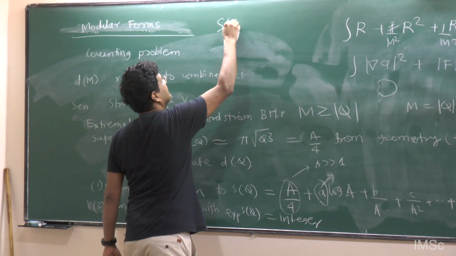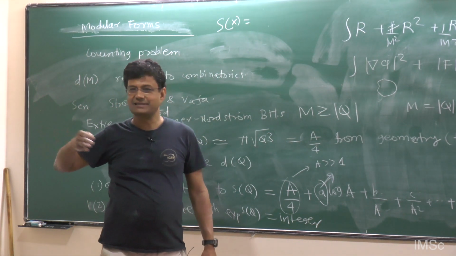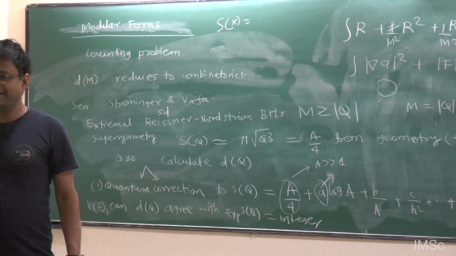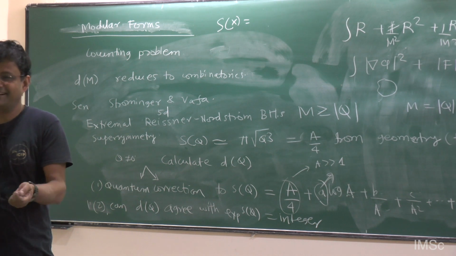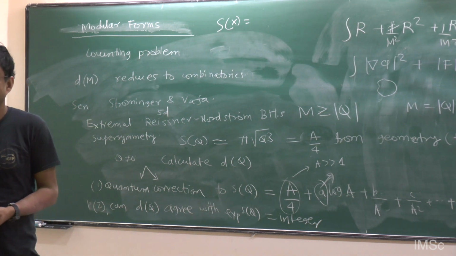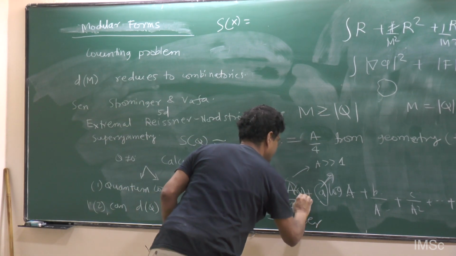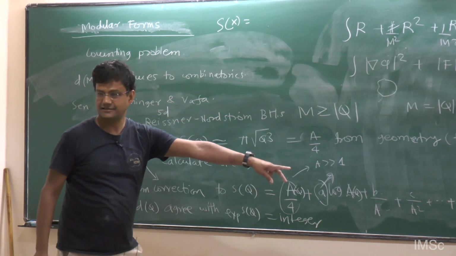A function at large x has some expansion, but the interpretation of that x as area holds only when x is large. When x becomes small, it doesn't have any simple interpretation. So actually what I should write is A of q, since I was going from a semi-classical answer.